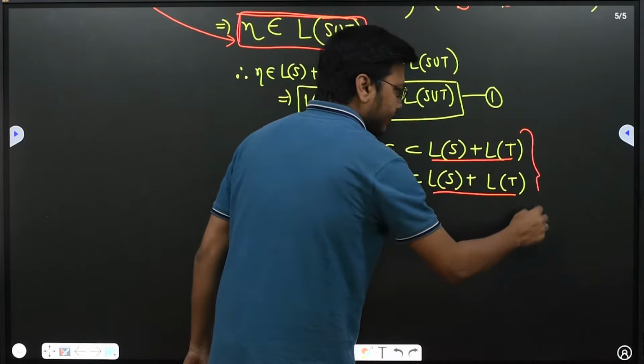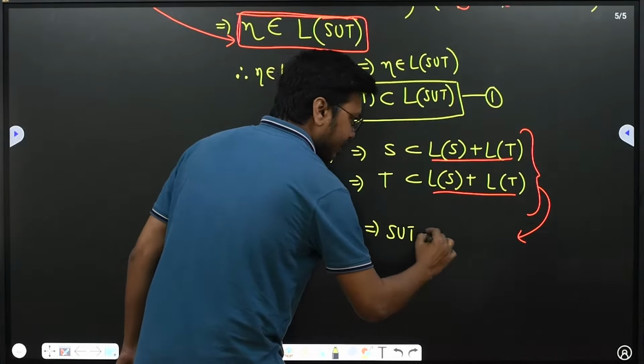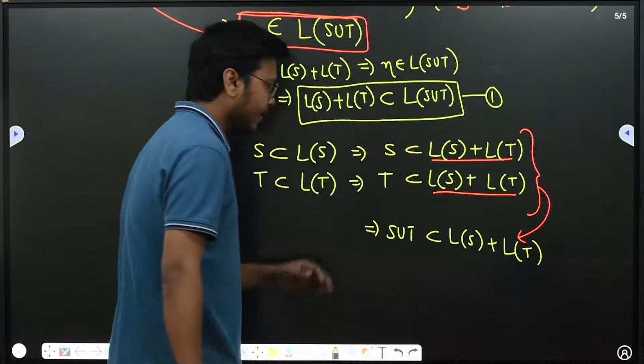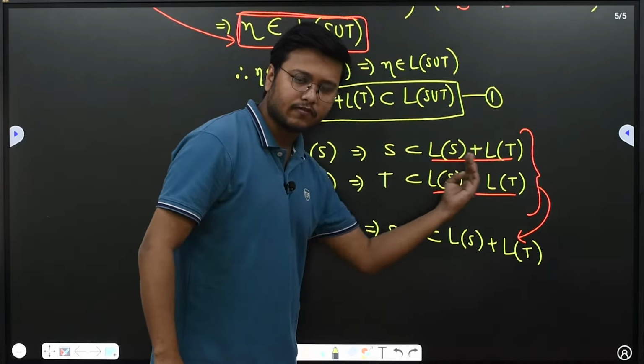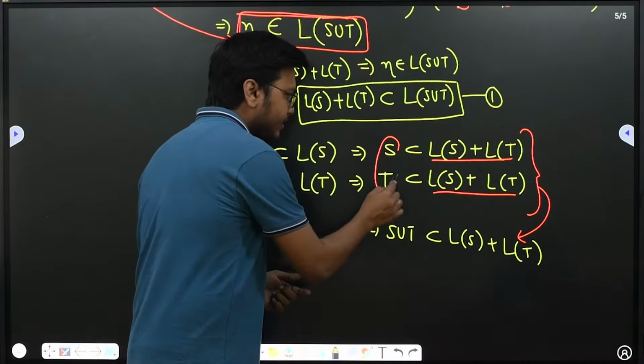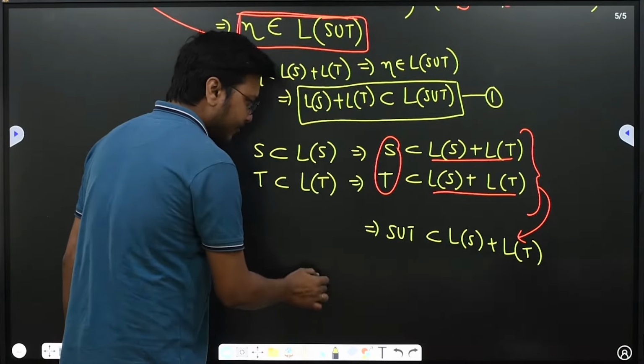Together these two would imply that S union T is a subset of L(S) plus L(T), because S and T are both subsets of the same RHS. So the union of S and T will also be a subset of the same RHS, right?